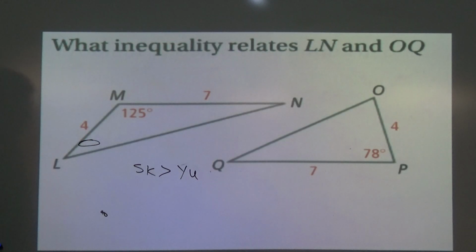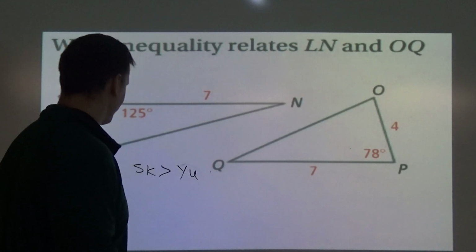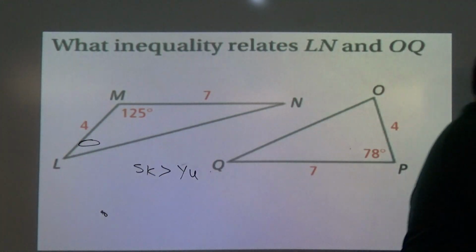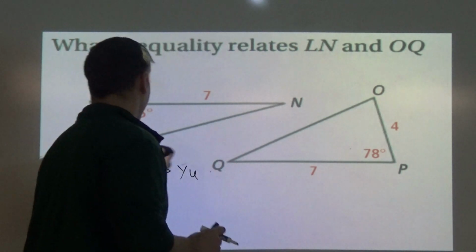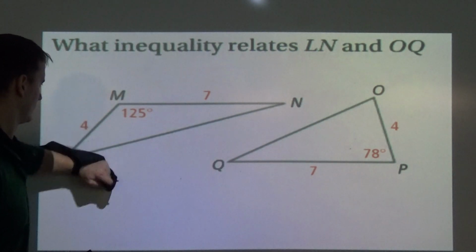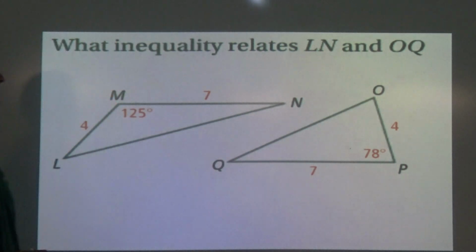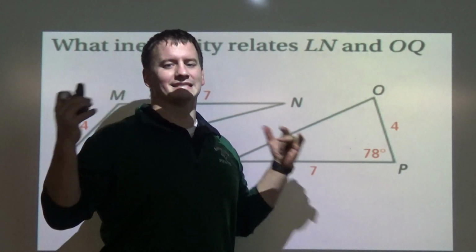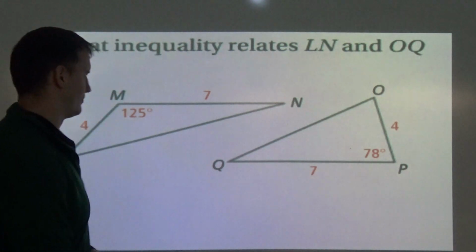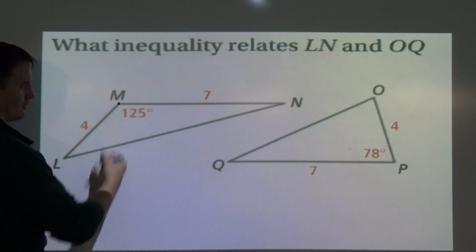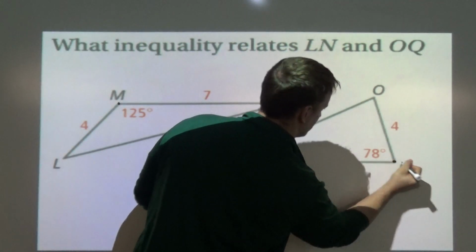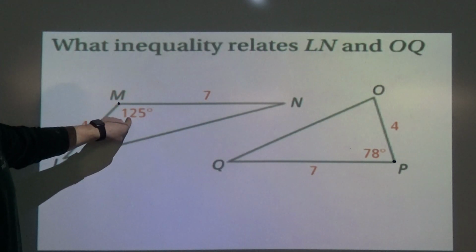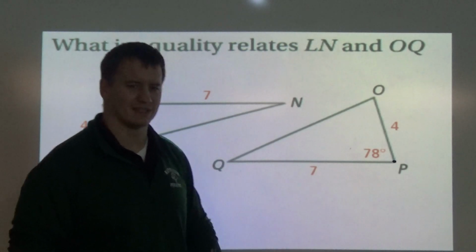Okay, here's another one. Chance for me to redeem myself. Better not erase that whiteboard with the scissors, it's going to really mess that up. Alright, so 4 and 7. Side lengths are the same. Where's our hinge point? For us here, it's M. Over here, it's P. Which angle's larger? 125, larger than 78.